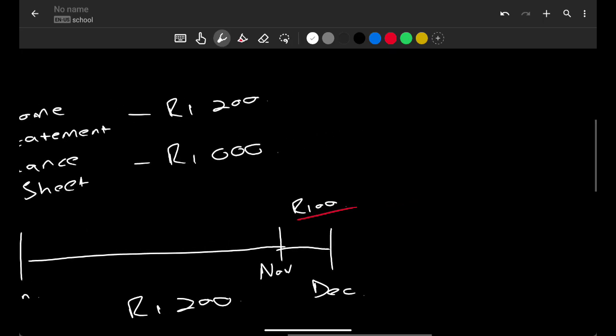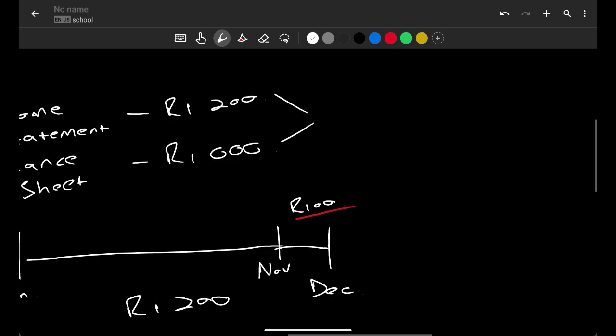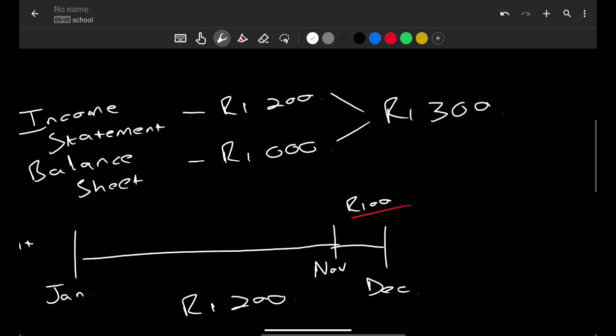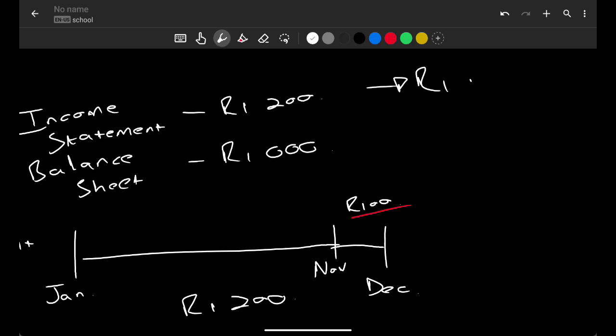But now when you're looking at this, you can say that, oh, I'm actually paying 1,300 in total. That is not the case. You're not paying 1,300. What you're doing here is essentially, in your income statement, you paid 1,100, and then the other 100 Rand went to your balance sheet.